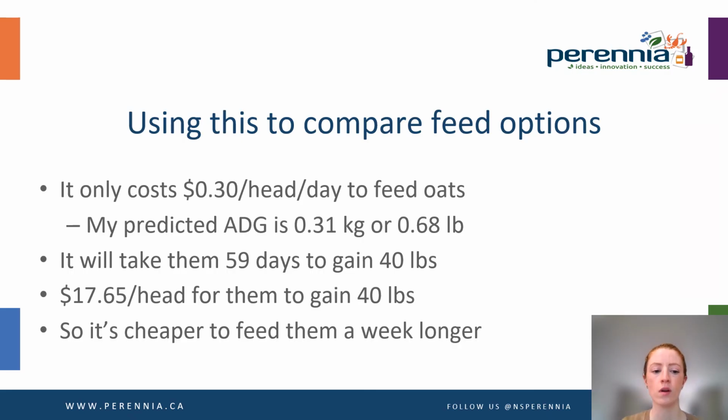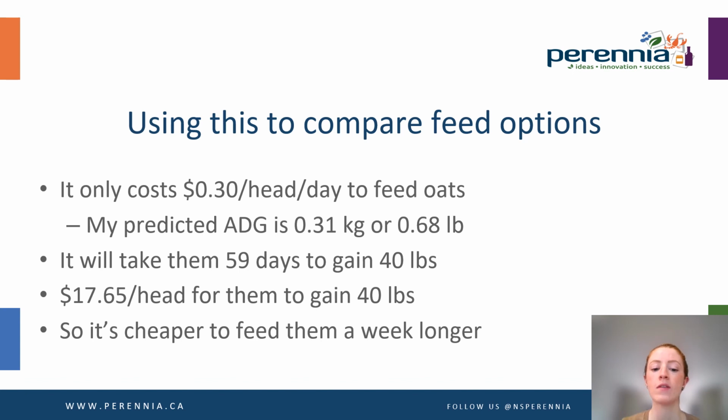Feeding oats is going to cost 30 cents per head per day. My predicted average daily gain is going to be lower. Again, this makes sense. It's only going to be 0.68 of a pound. It's going to take them 59 days to gain that 40 pounds, but that works out to $17.65 per head for them to gain that 40 pounds.